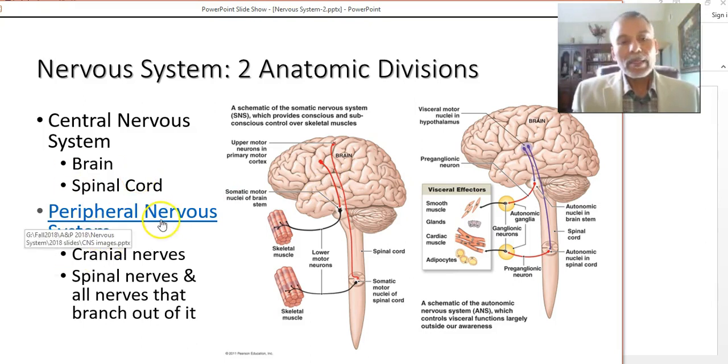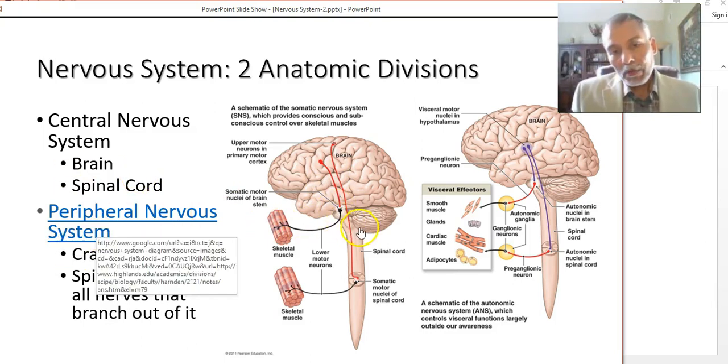So then, out of the brain stem and out of the spinal cord, we get different nerves that extend out. Out of the brain stem, we have 12 cranial nerves on the right side, 12 on the left side.